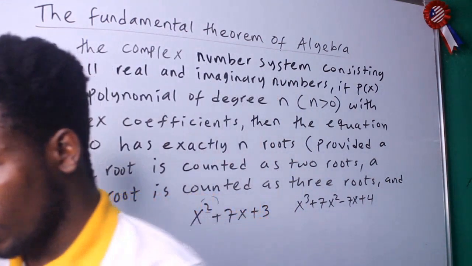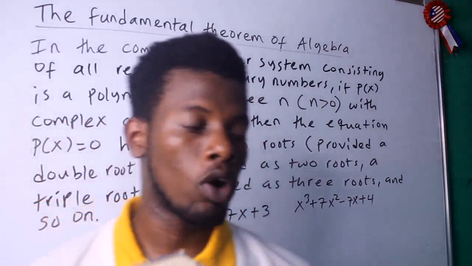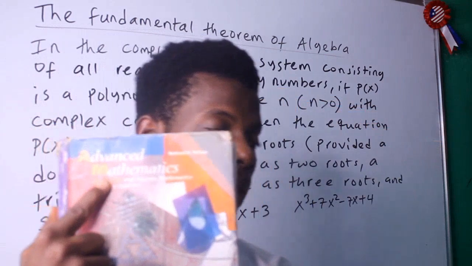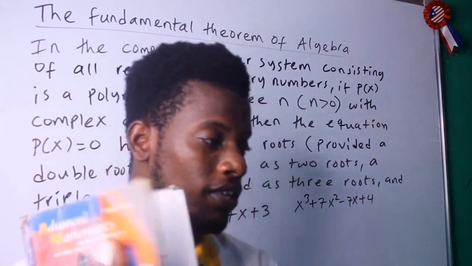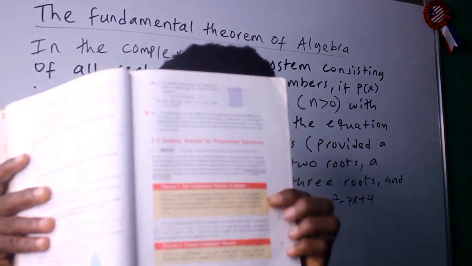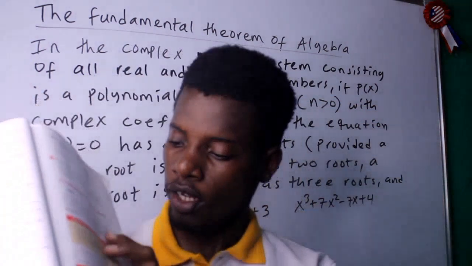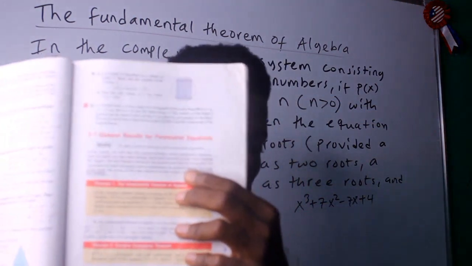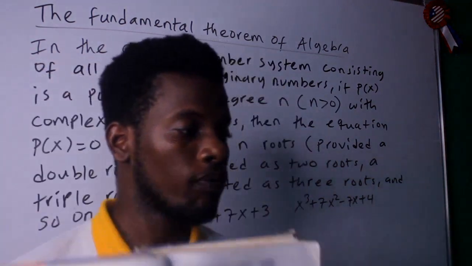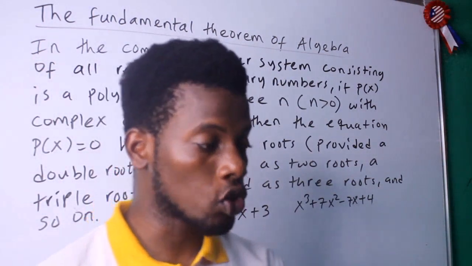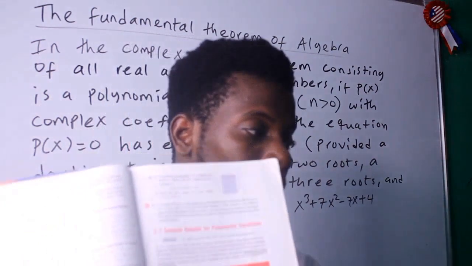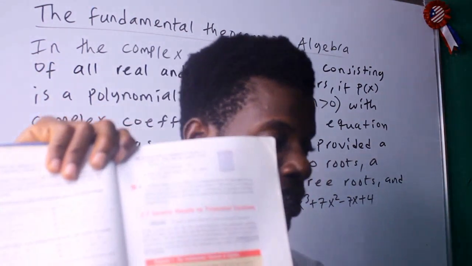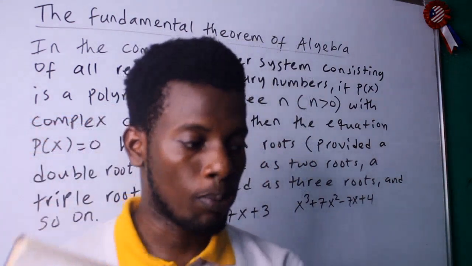I prepared a note from a book called Advanced Mathematics, and on page 85 of this book, the author said that the proof of the fundamental theorem of algebra is beyond the scope of his book. So, if this proof can be beyond the scope of this book, that means the proof is beyond the scope of this class. So we are not going to do the proof.